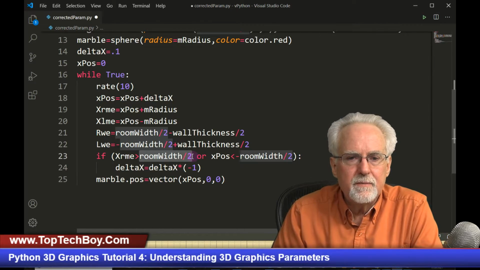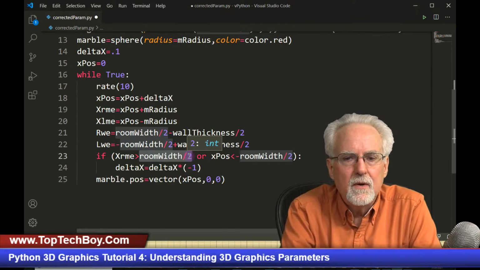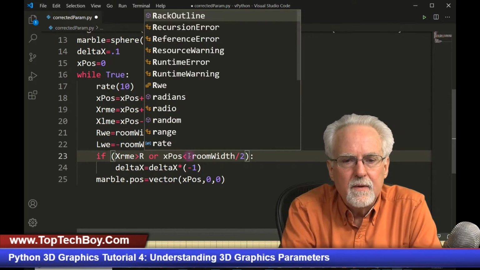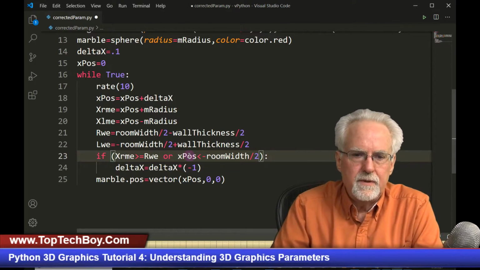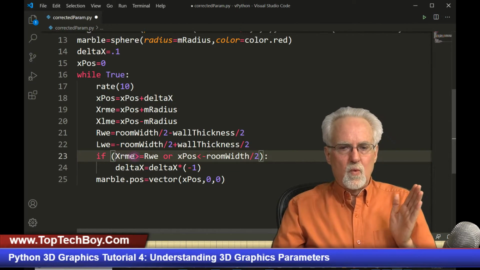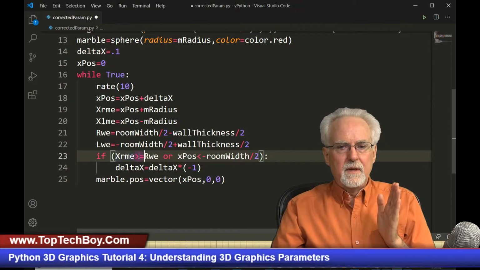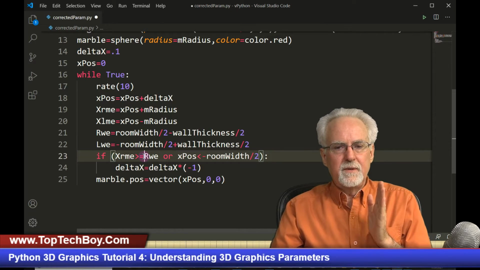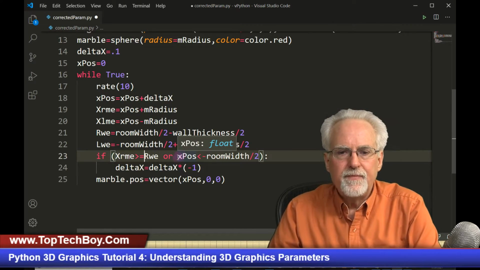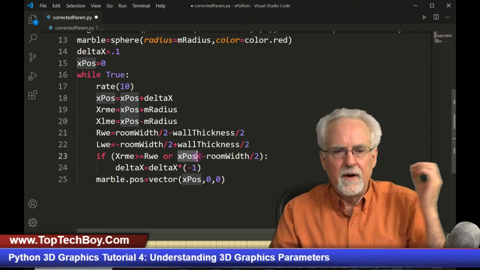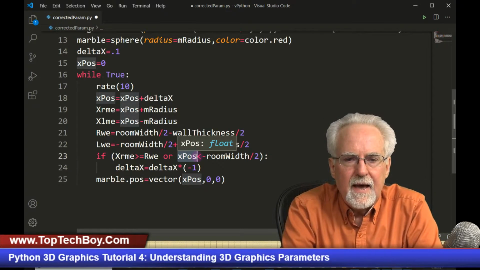Well, it's the position of the right wall edge. And we're going to say greater than or equal to. So if the right edge of the marble is greater than or equal to the right wall edge, we want to change direction.